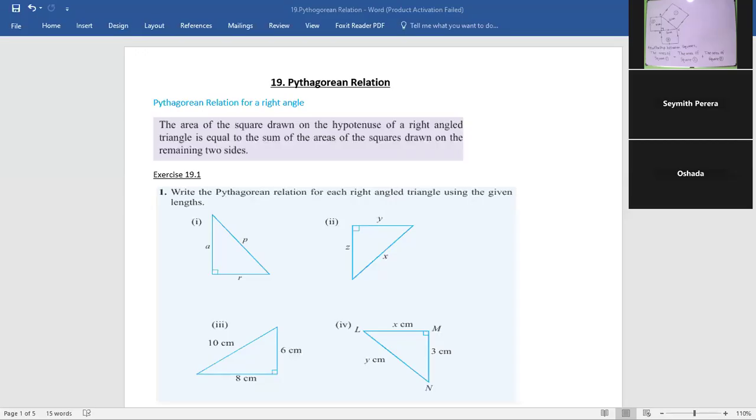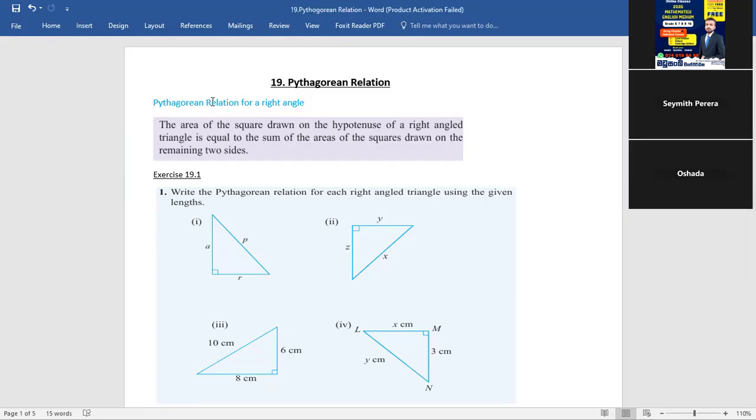Right? Can you see the board? Yes, sir. Okay. So this is the Pythagorean relation for a right angle, right?